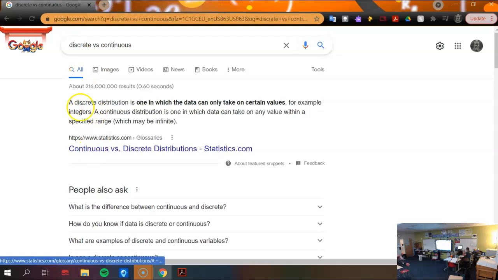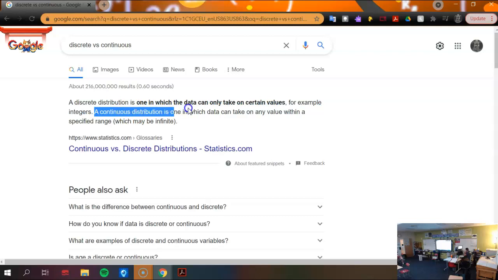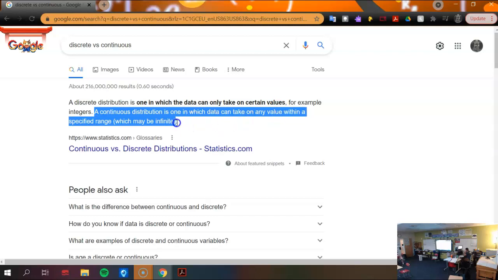Discrete distribution is one in which the data set can only take on certain values, for example, integers. Then, no, it's continuous. A continuous distribution is one in which data can take on any value within a specific range. Since we can use any input, I think this counts as continuous.